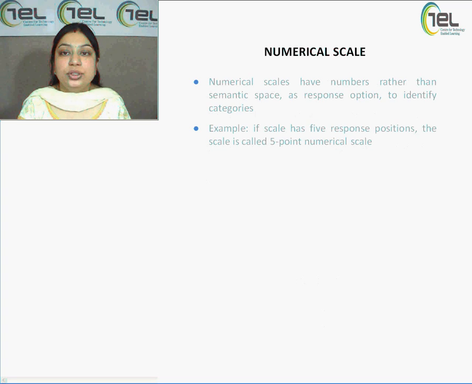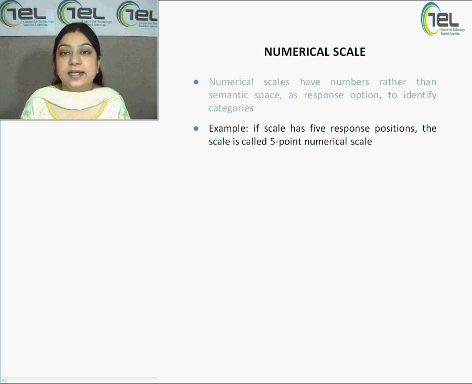Now we will go to the numerical scale. In the numerical scale, we have numbers rather than semantic spaces as response options to identify the categories. For example, if the scale has 5 response options or positions, it is termed a 5-point numerical scale.